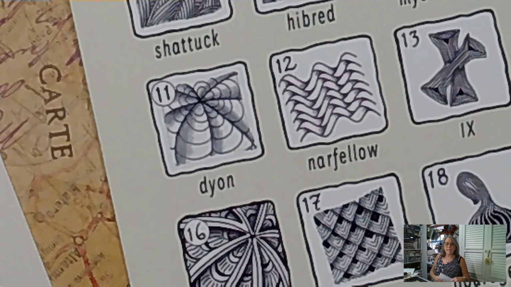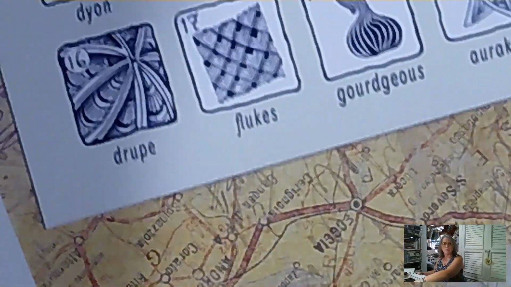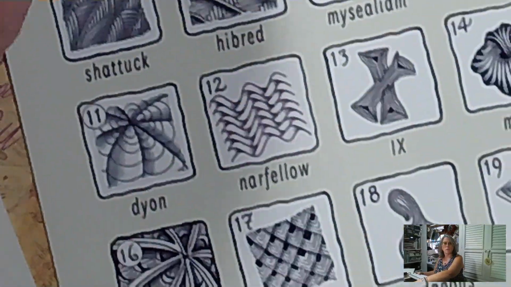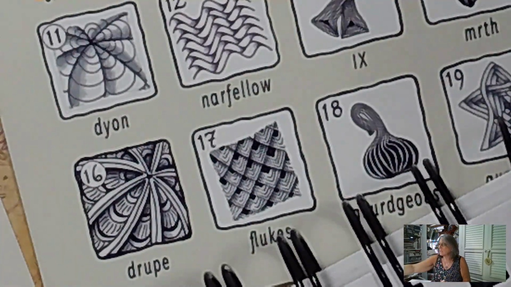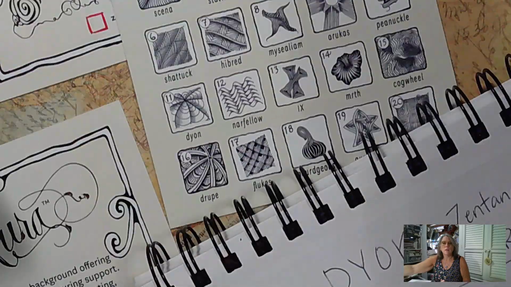Both are grid tangles. But we did go over the step out for Dion because those two are a little bit different. So I was going to try to see if I could leave Dion on the Droop is right below it. And let's go out a little bit on the camera.